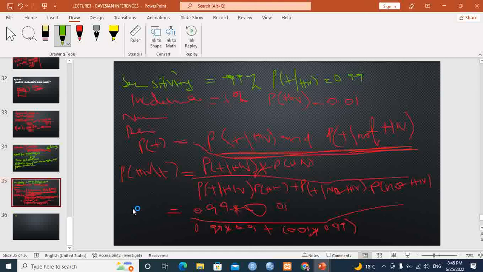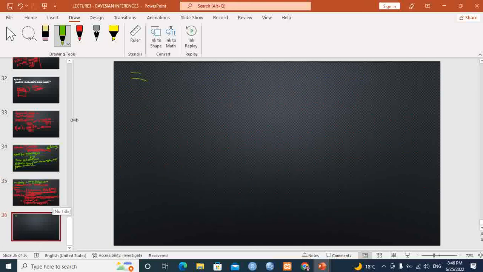Let me open my calculator here. 0.99 times 0.01 gives us 0.0099. That is our numerator.